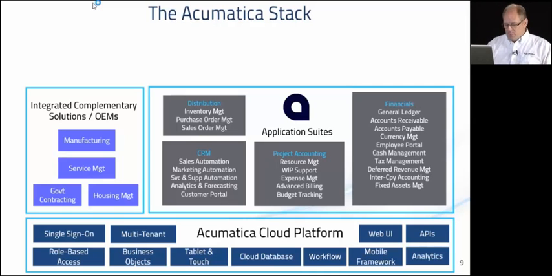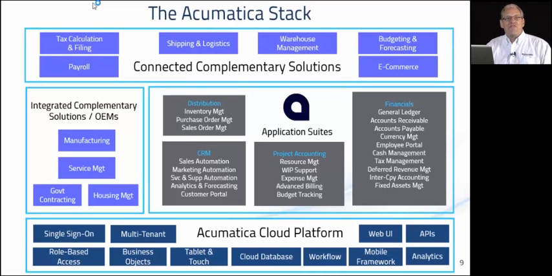And by the way, those integrated complementary solutions are completely seamless. The application looks exactly the same. You don't see where Acumatica starts and ends and where that complementary solution starts or ends, because they are integrated so seamlessly.